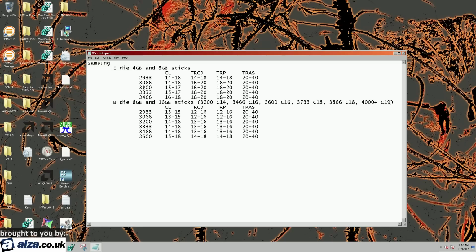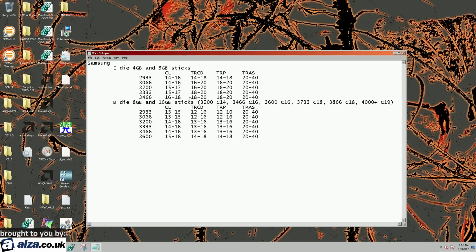My other Ryzen can do 3200 megahertz with eDie at CL 16, 16, 16, and it runs great. This one, not so much. And then at 3333, you're going to be looking at 15 to 17 for your CAS latency. And then 3466, you're going to be looking at 16 to 18 at acceptable voltage levels.